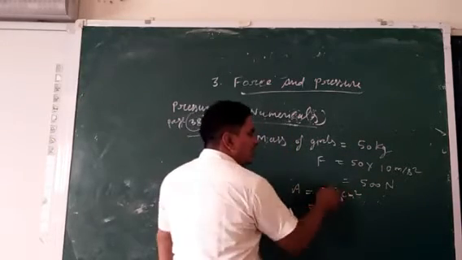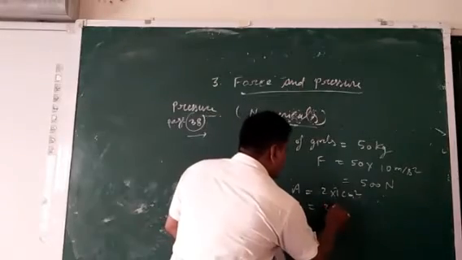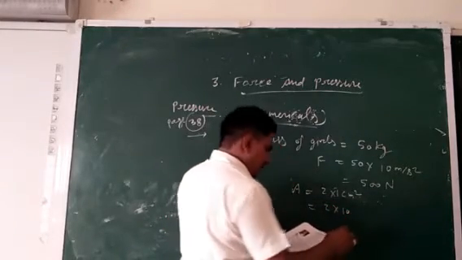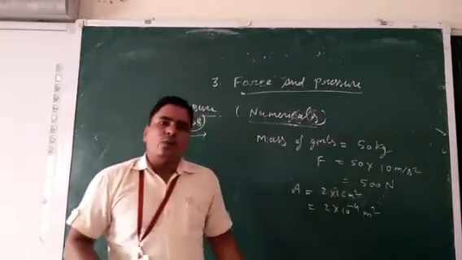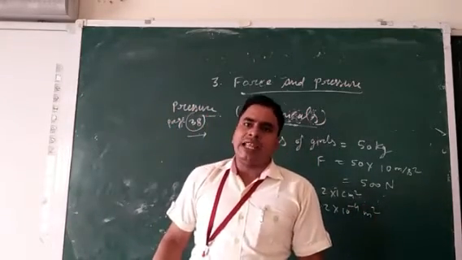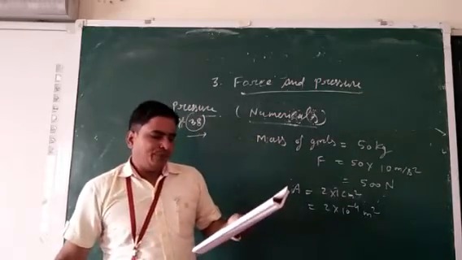We have to convert this into meter square: 2 into 10 to the power minus 4 meter square, because 1 centimeter square is equal to 10 to the power minus 4 meter square.